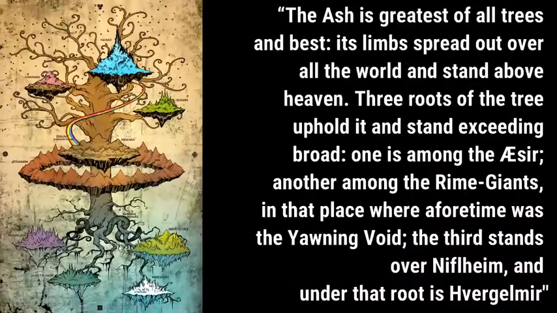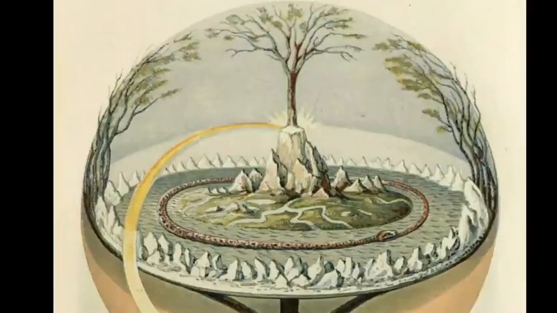Its limbs spread out over all the world and stand above heaven. 3 roots of the tree uphold it and stand exceeding broad. One is among the Aesir, another among the Rime giants, in that place where aforetime was the yawning void. The third stands over Niflheim, and under that root is Vergelmir." You've seen this before.